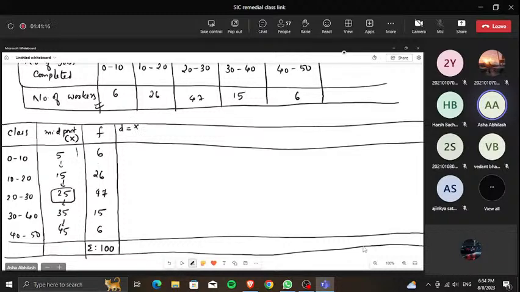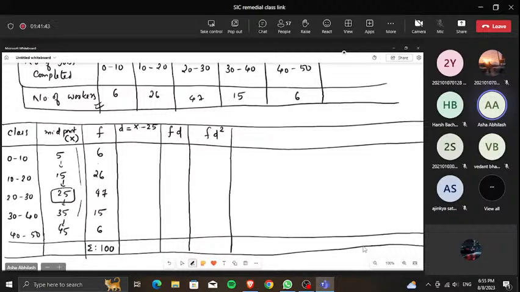So these are your values X, and you are taking the deviation from each of these data, that is X minus 25. So I'll complete this part also. Next, I have to multiply it by F, then I'll get FD. Then I require FD square. The power increases only for D, not F.